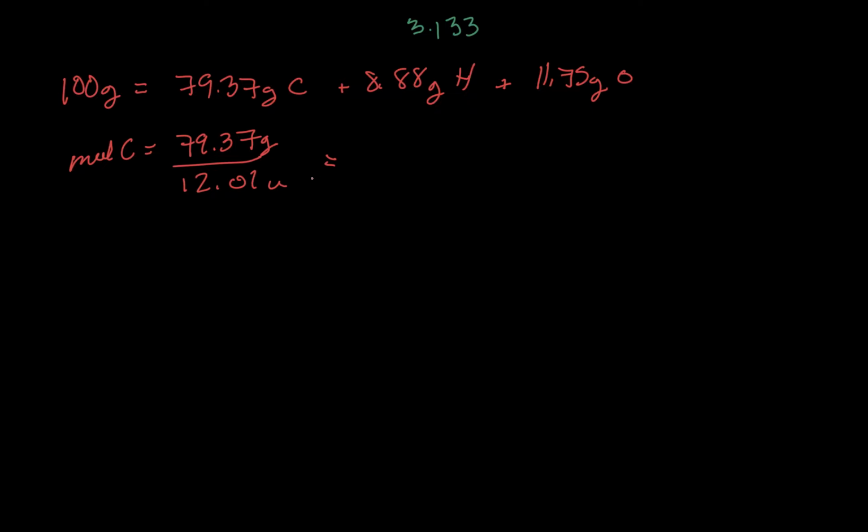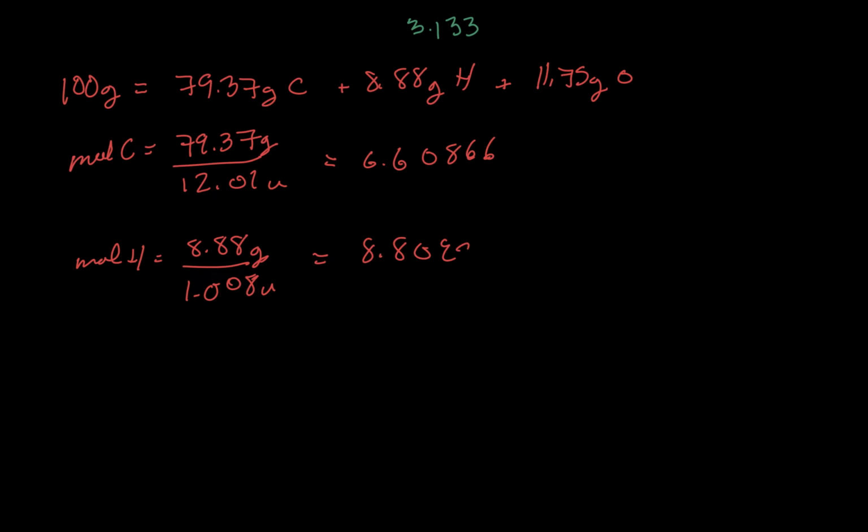That gives us 6.0... oops, excuse me, that is not right. 6.60866. Okay, moles of hydrogen: 8.88 over 1.008 grams per mole gives us 8.80952.